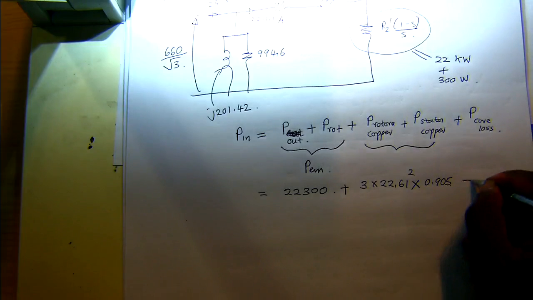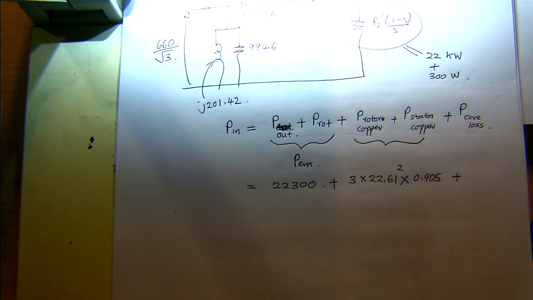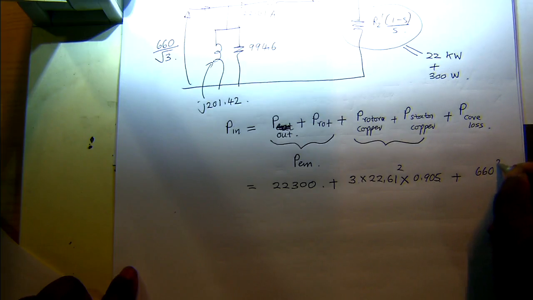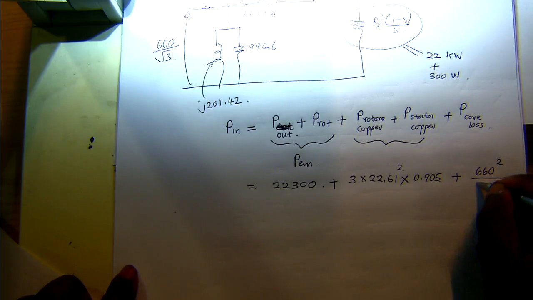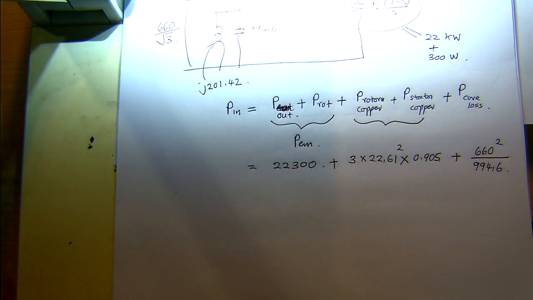And the core losses, I'll write this as V line to line squared over R naught. It includes 3 times V phase voltage squared over R naught. So that will be 660 squared divided by 994.6. That's the total power input into the motor, real power input.